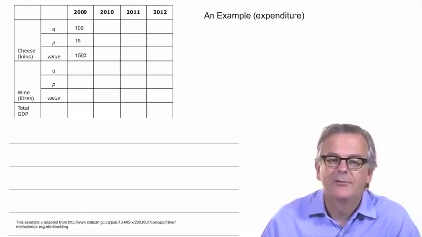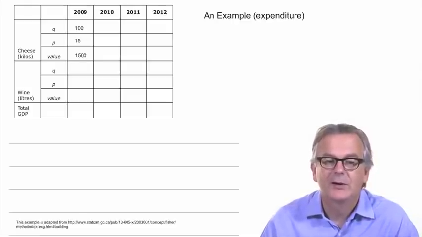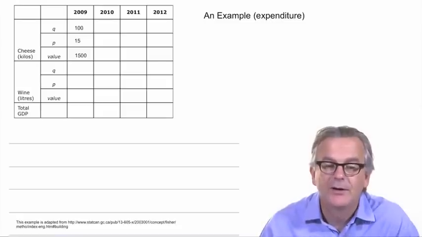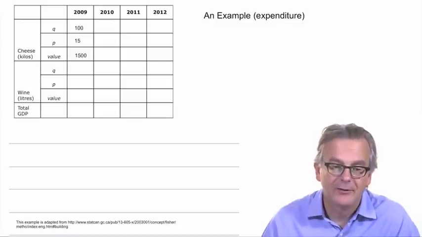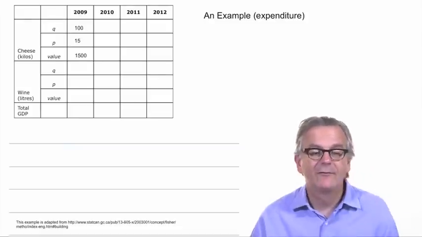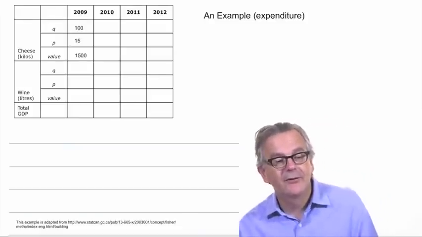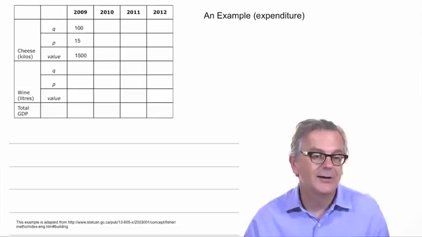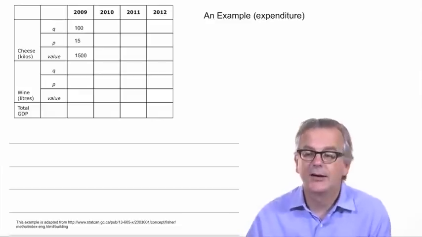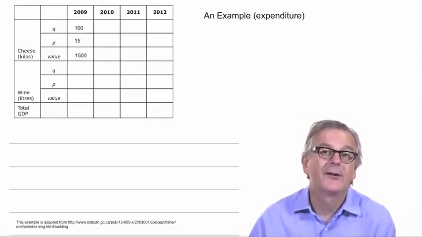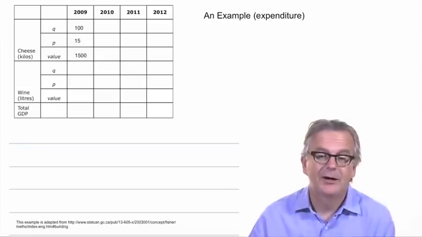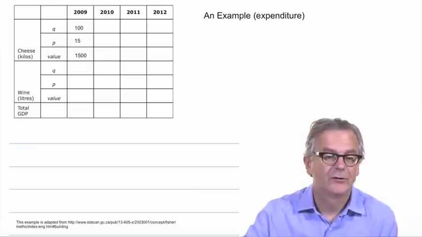What I mean by current value is that I'm taking the quantity in that period and valuing it at that period's price. So that value of 1500 is the current value of cheese in the sense that we've taken the 2009 quantity and valued it at the 2009 price. You'll see why that's important shortly.